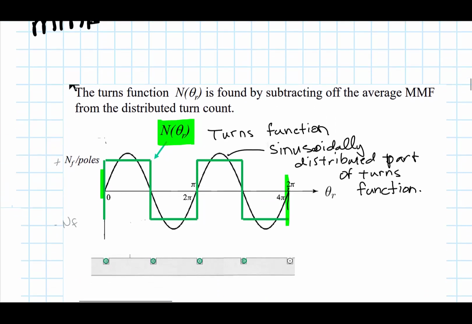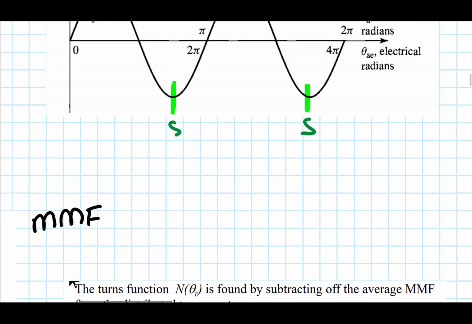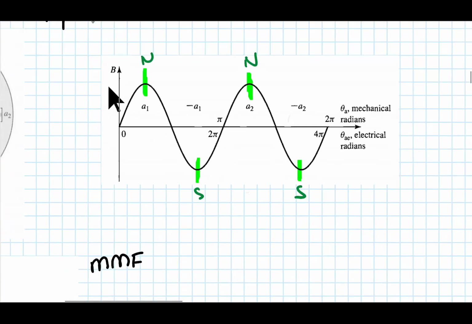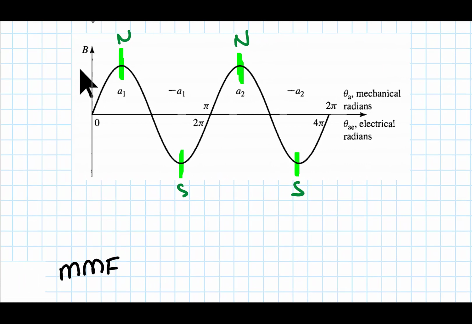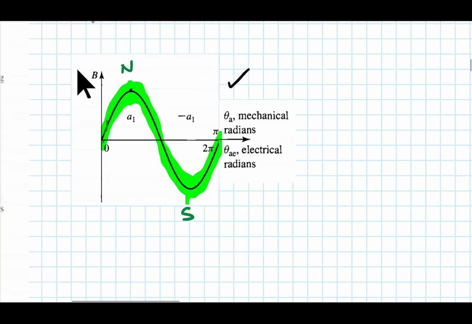Now I want to go back to this idea before I show you the turns function, and let's talk about the effect of the poles. Let's specifically look at this function here of the flux density. If I go back to the 2-pole machine, I could say that I have a flux density that is a function of some general position, which right now we're calling theta A, along inside of the gap.